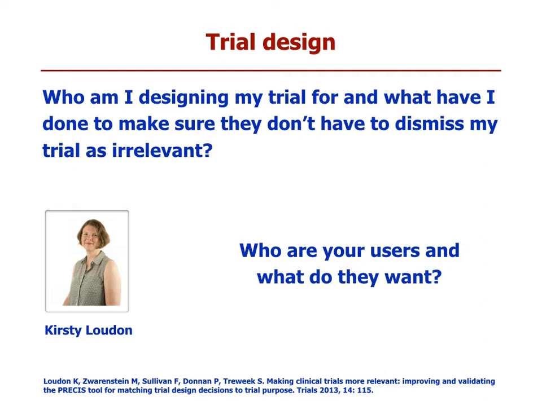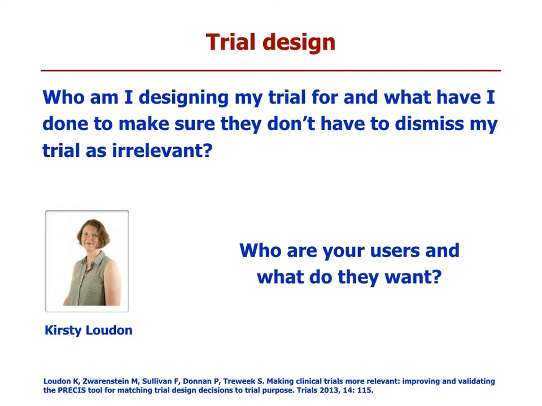Now, the reason I have a picture up here of Kirsty Loudon, who used to be a PhD student of mine, is that she, together with myself and a whole range of other people, developed a tool to help us think through whether we are taking design decisions that are matched to the type of trial, the type of user that we think we are designing the trial for.